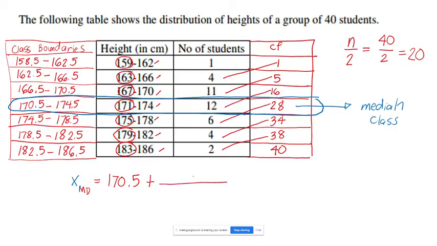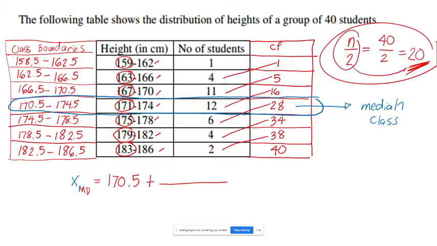Plus, n over 2 is how much? Let's write 20 right away, because we have already computed n over 2, that's 20. Minus the CF before the median class. There you go, 16. Divided by the F of the median class, 12. Times the class interval.